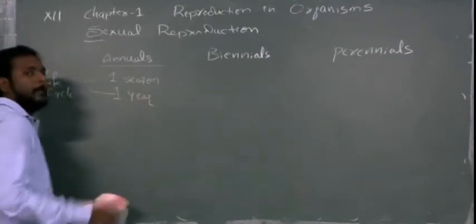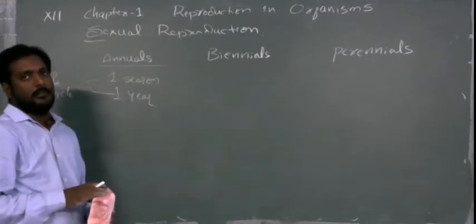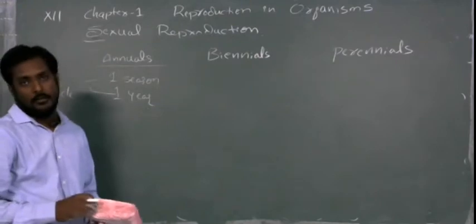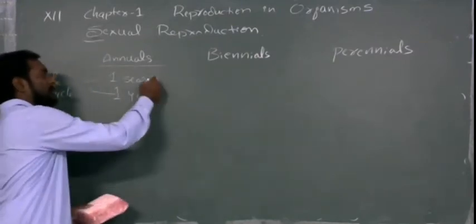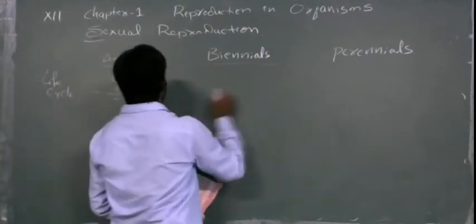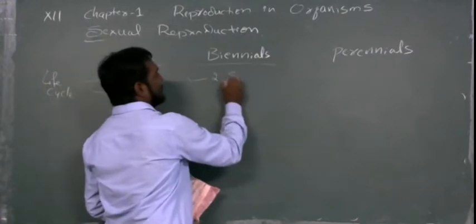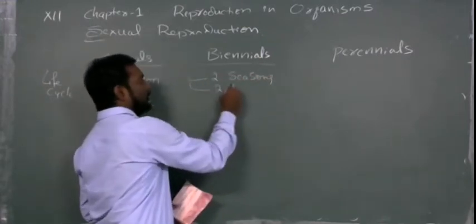One season, because many plants depend on the season, like cold climate, rainy climate, spring, or hot climate. That is the season. That is why within 3 months or 4 months they will die. Some cannot die within one, so they need 2 seasons or they need 2 years.